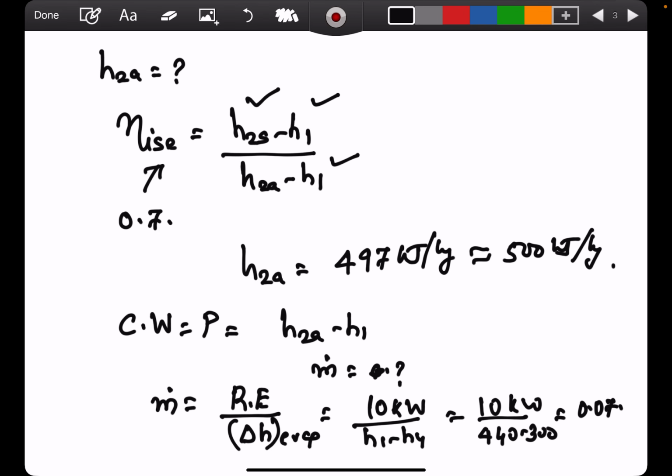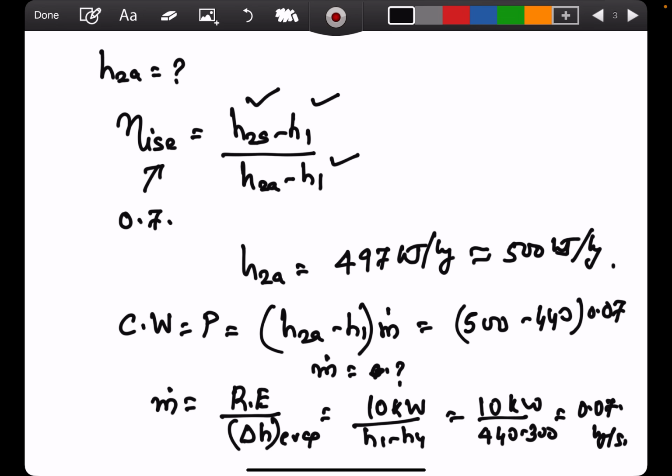So this 0.07 is the mass flow rate of the refrigerant, and m dot into H2A minus H1 is the power consumption. So 500 minus 440 into 0.07, that would be your power consumption, which comes to around 4.2 kilowatt.